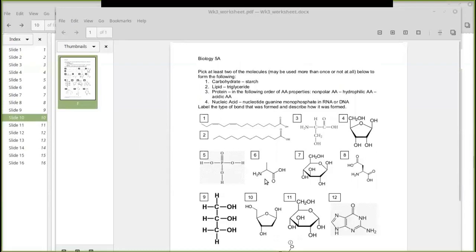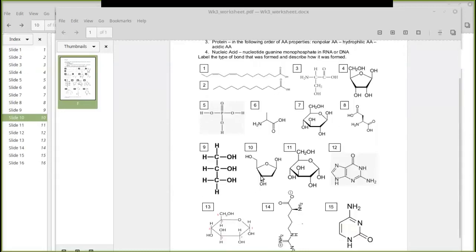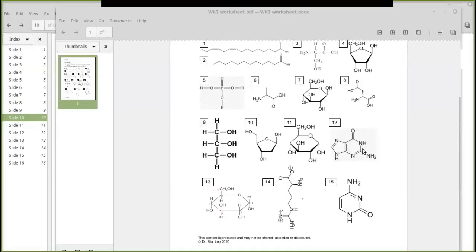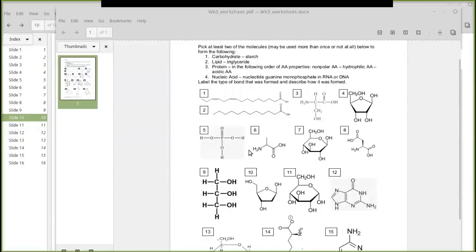Is it number 12, the nitrogenous base? Okay, so you have a nitrogenous base attached to your sugar backbone. What else? Then you'd need to have a phosphate group as well. So I'm thinking 5. Okay, right. So phosphate, backbone, and base form together to form your guanine, right?